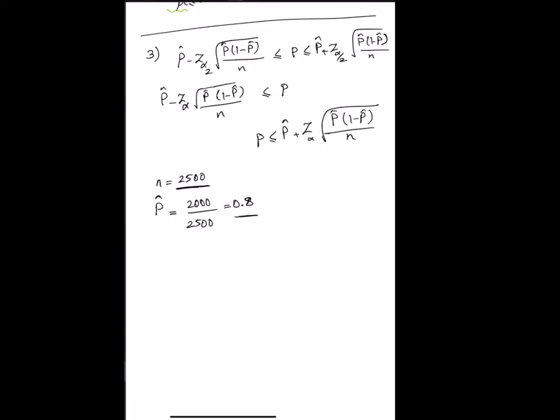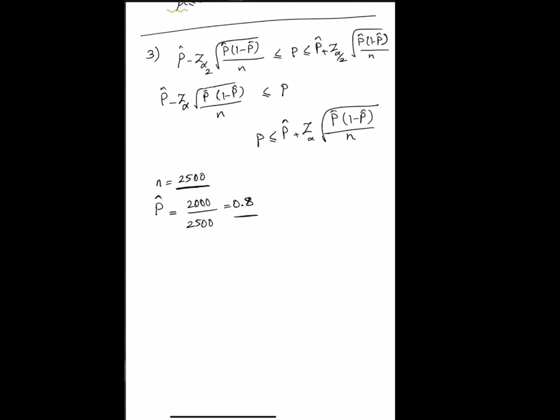Now, however, I don't know the value of p, the percentage of the population that visits their dental doctor regularly, let's say in the US. All I have been able to do is take a sample of 2,500 people and interview them, and out of this sample, 2,000 said they visit their doctor regularly.